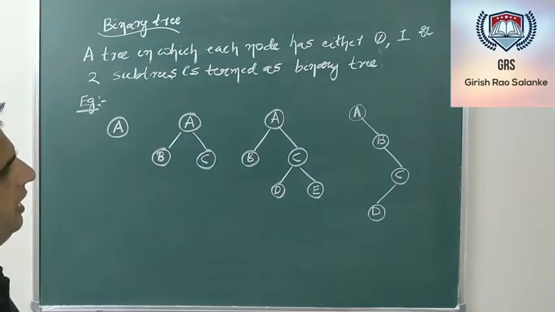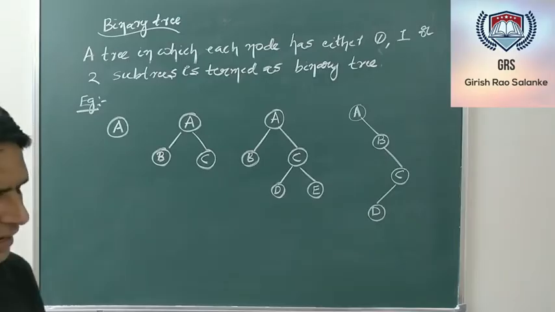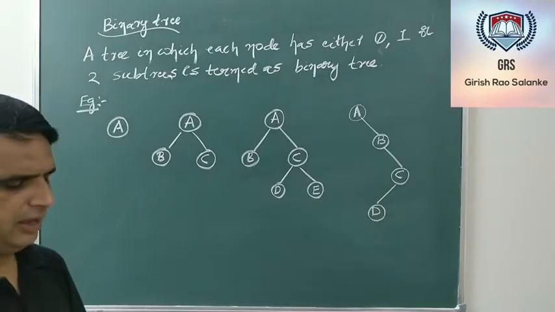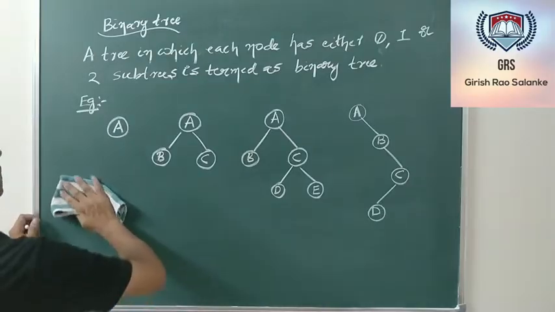Now we'll see what the different types of binary trees are. We are going to discuss many types of binary trees in the coming videos. Let me state some of the commonly used binary trees.